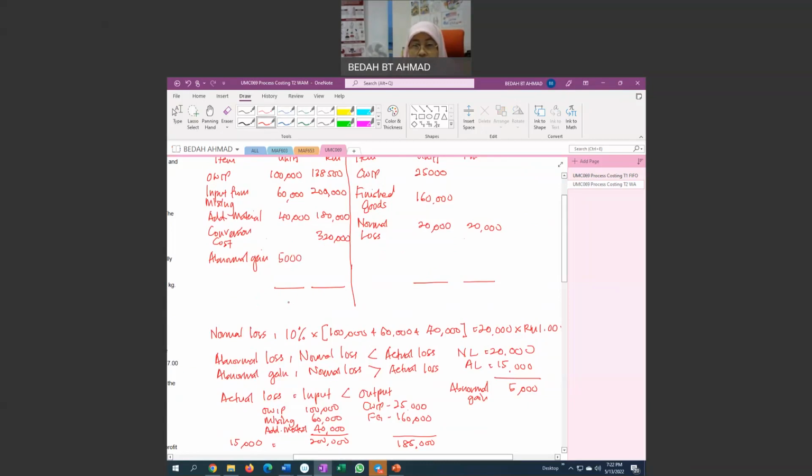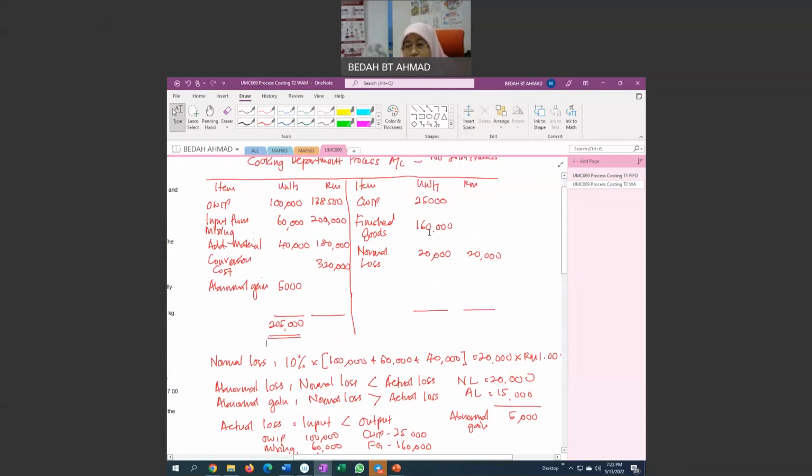Then we can have a balance between the debit side and credit side, which is 205 on the debit side, and here also 185 plus 20, it is 205. Okay, so now we need to determine what is the value, to be determined from the statements: 205.